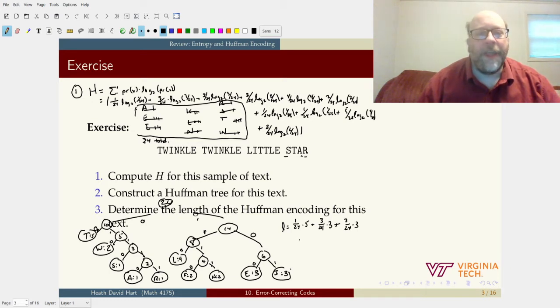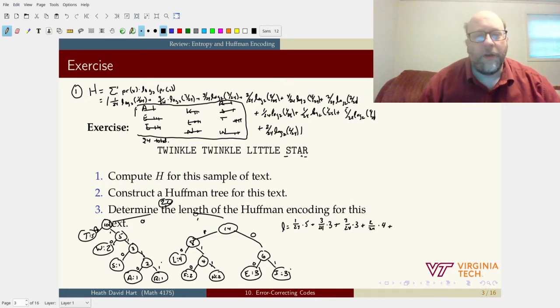And then for K, where's K on here? There's a K in here somewhere, right there. That's 1, 0, 1, 0. That's 4. So that's going to be 2 over 24 times 4.